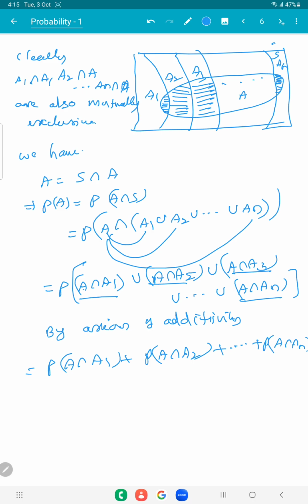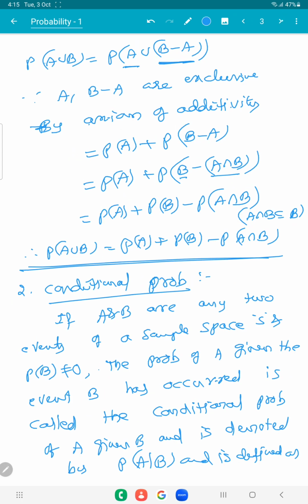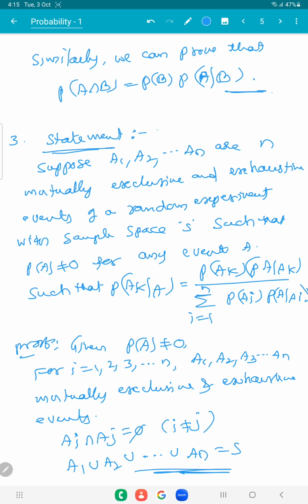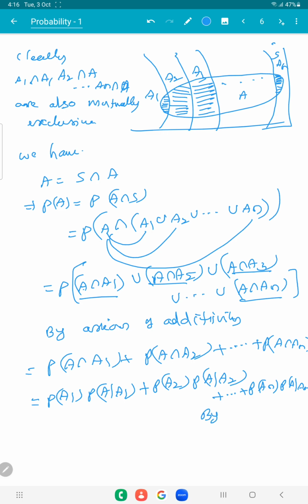Now we are going to use the multiplication theorem, which says that probability of A intersection B is equal to P of A into P of B given A. So this is P of A1 into P of A given A1, plus P of A2 into P of A given A2, plus and so on, plus P of An into P of A given An.